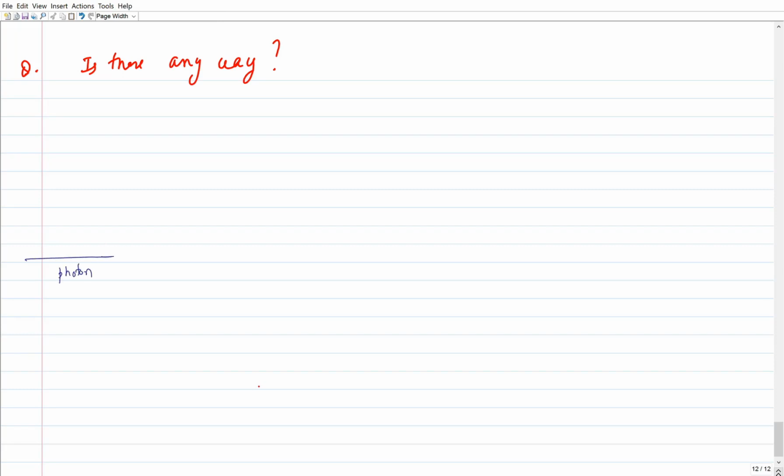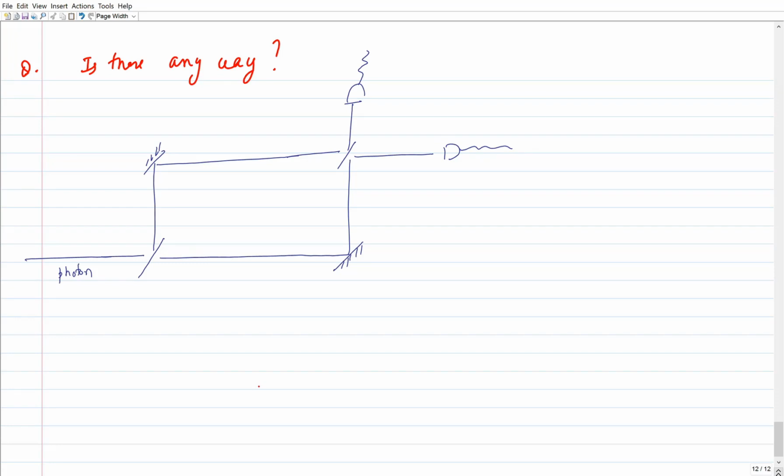I have a beam splitter, usually my mirrors. So let's consider the detection at event A. Is there any way I can detect whether I went through this route or I took this route?